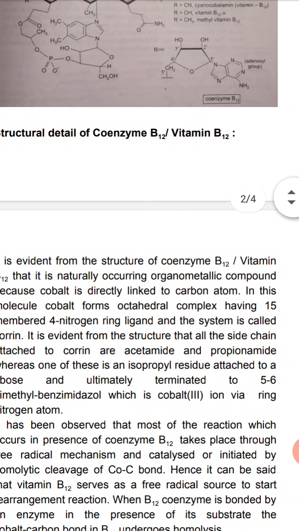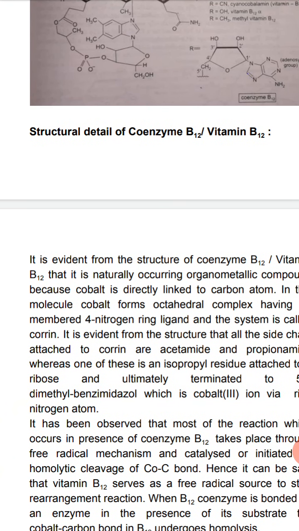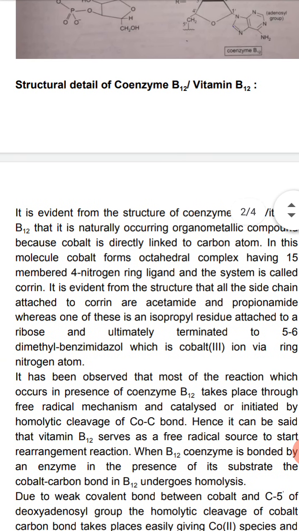Here we see in the octahedral complex a ring of 15 members with 4 nitrogens linked, and the system is called corrin. It is evident from the structure that all the side chains attached to corrin are acetamide and propionamide.